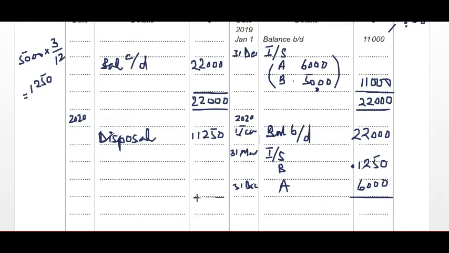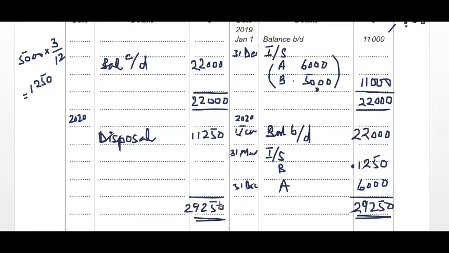So now simply totaling this amount, 22,000 plus 6,028 gives 29,250. So this is 29,250, and the same amount goes over here, 29,250.